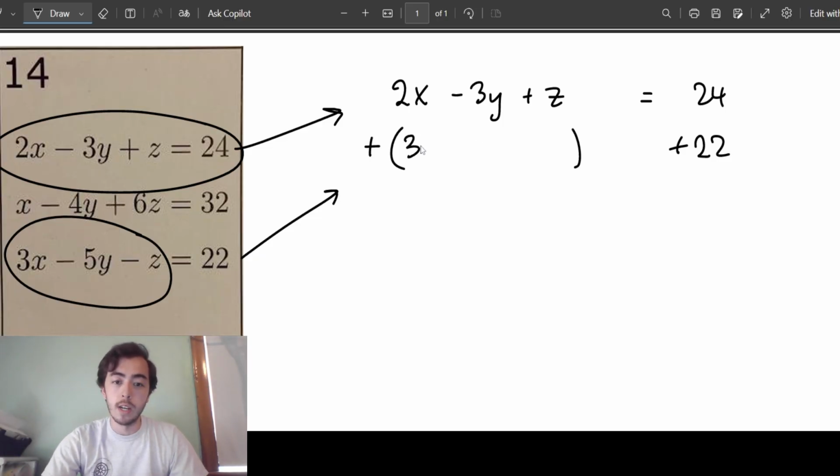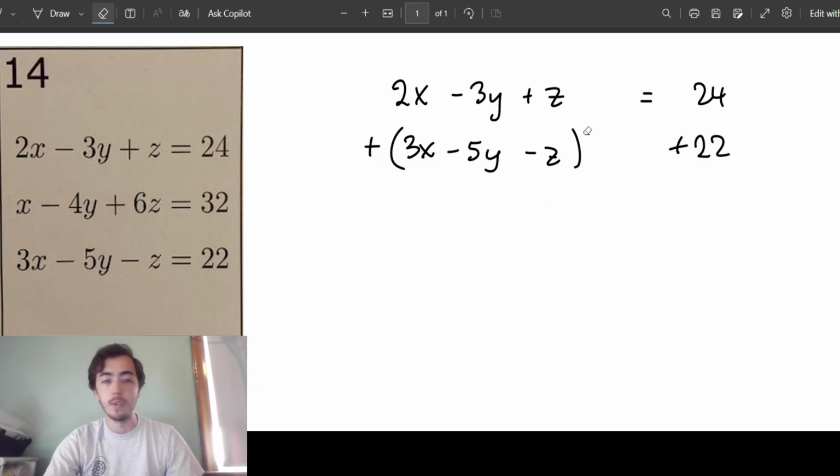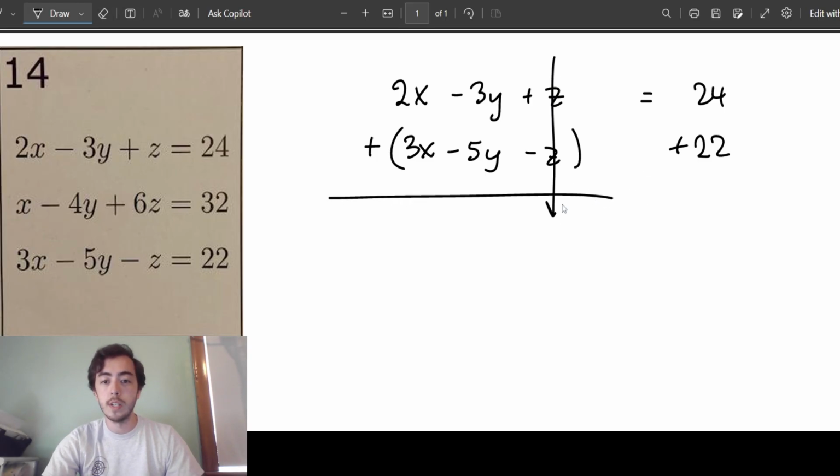So I'm allowed to add 3x, a negative 5y, and a negative z to the left side and balance it out with a positive 22 on the right-hand side. And again, my goal was, with this addition, I'm eliminating this z. So we do get 5x minus 8y is equal to 46.